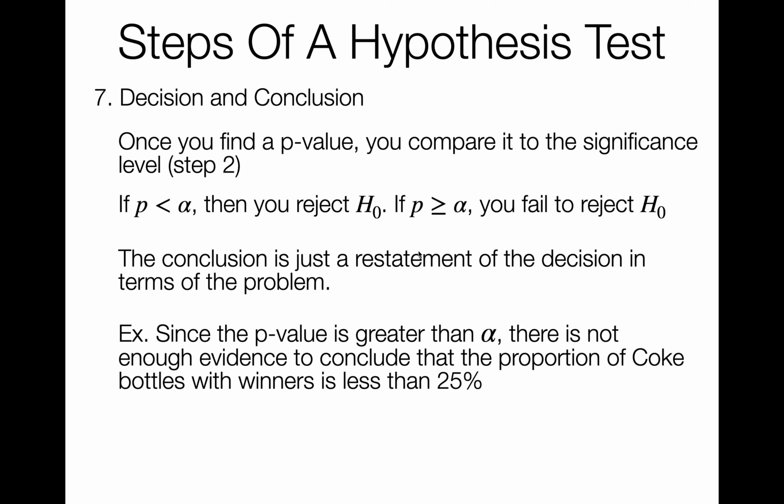Since the p-value is greater than alpha, suppose the p-value was actually greater than 0.05, I would say there's not enough evidence to conclude that the proportion of Coke bottles with winners is less than 25%. That's how you would state a conclusion.